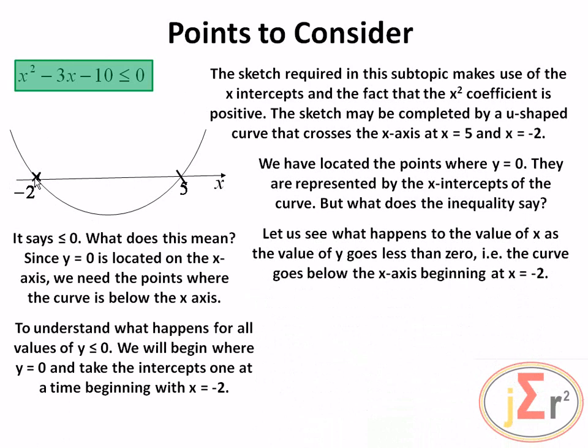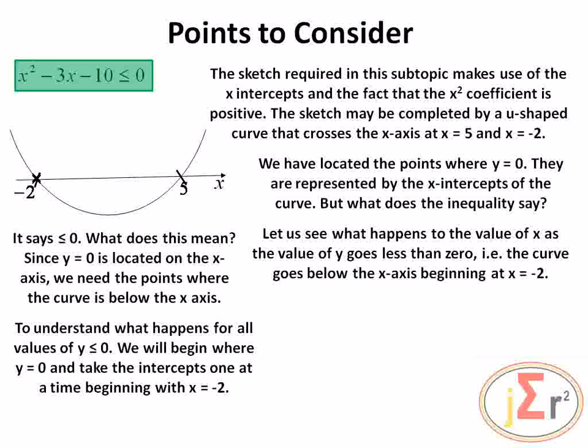So let us see what happens to the value of x as the value of y goes less than 0. That is, the curve goes below the x-axis, beginning at x is equal to negative 2. Notice that while this is going down like this, the point on the x-axis is going to our right.